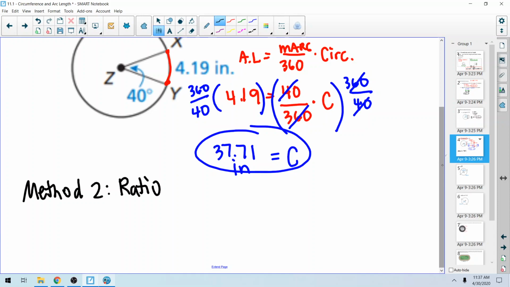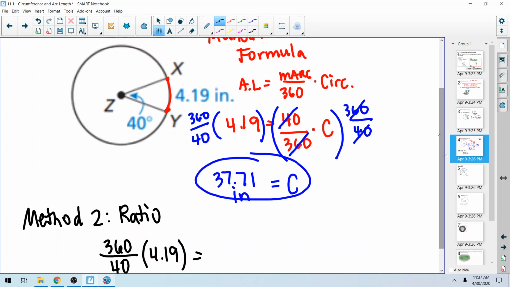So, if I take 360 and I cut it up into sections of 40 degrees, and one of those sections is 4.19, then I should be able to multiply that by 4.19 and figure out how many of those 4.19 sections go into the whole circle. So I'd have another 4.19, another 4.19, another 4.19, as it goes around.